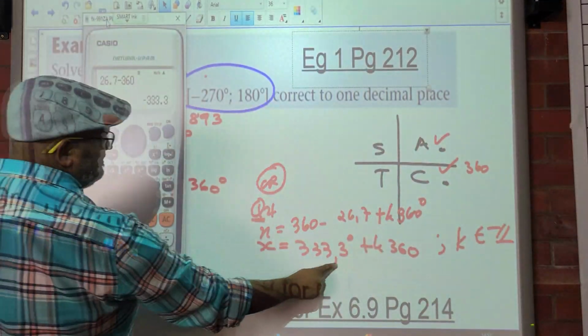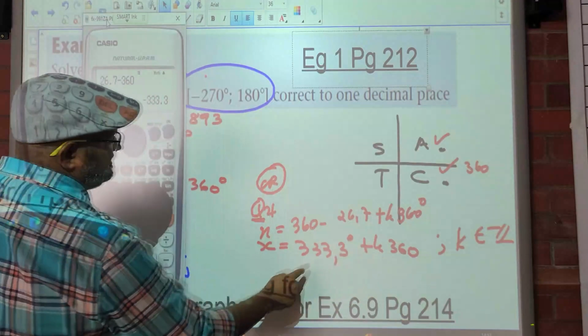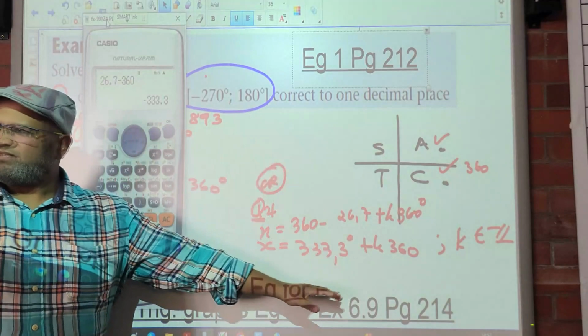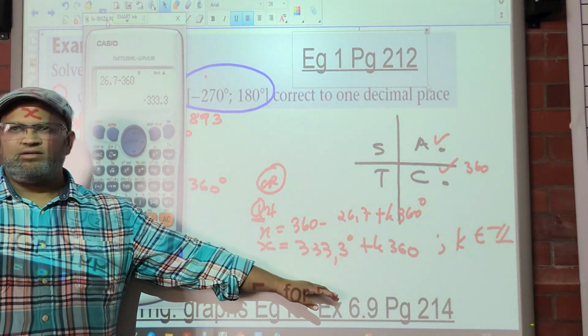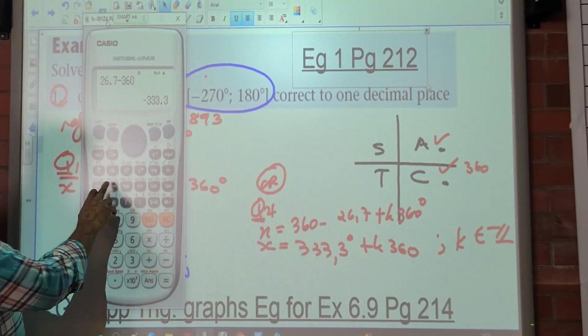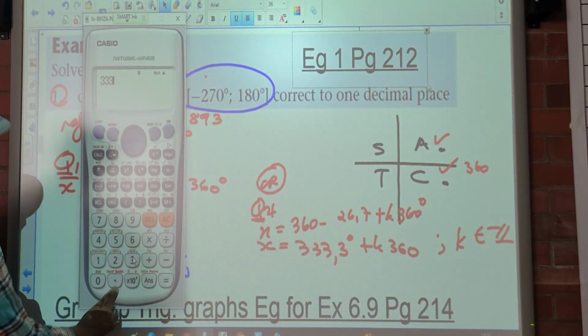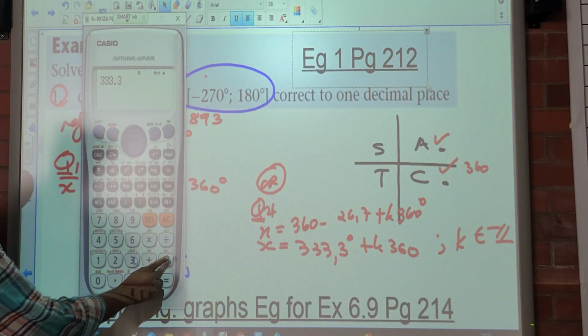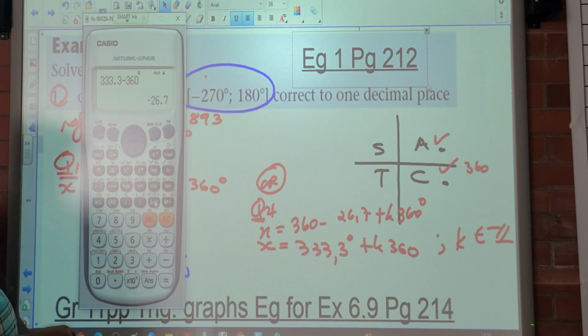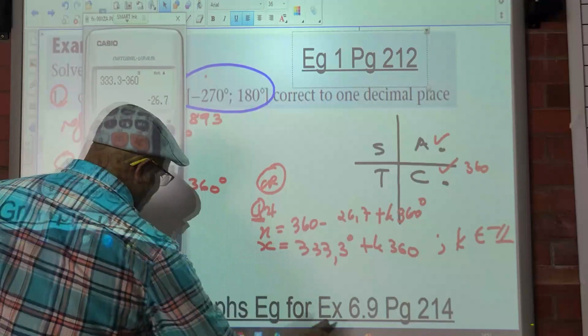If I put 0 in here, what am I going to get? 333,3. Is that inside or outside? Outside. Do I need that? Would 1 work? No. So what do I do now? I put negative 1. It's going to be 333,3 minus 360, which gives me negative 26,7.